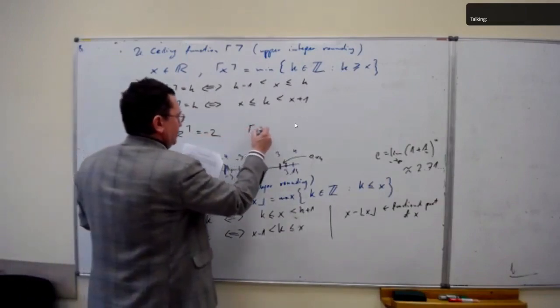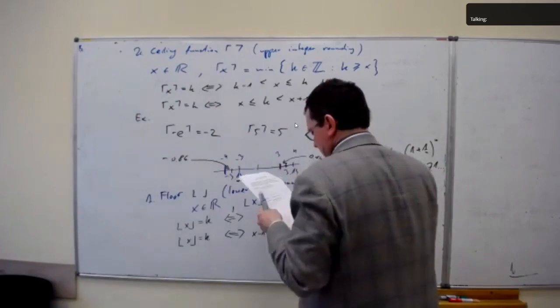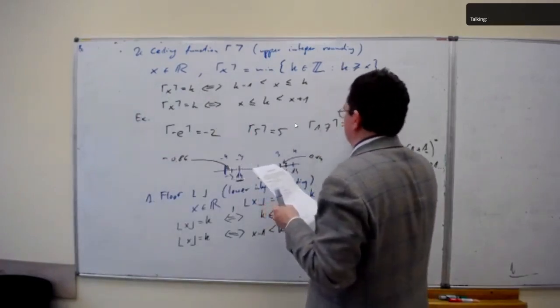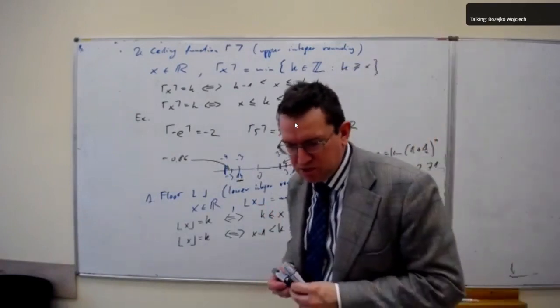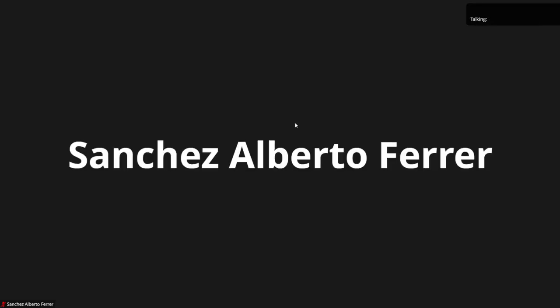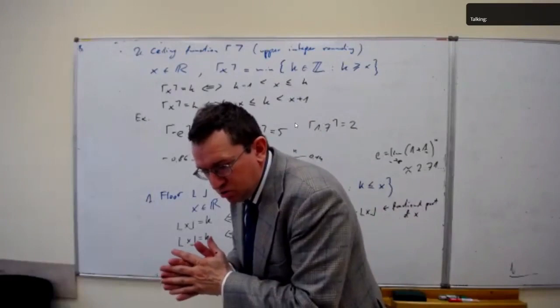Ceiling of 5 is 5. Ceiling of 1.7 is 2. Is it clear how it works?